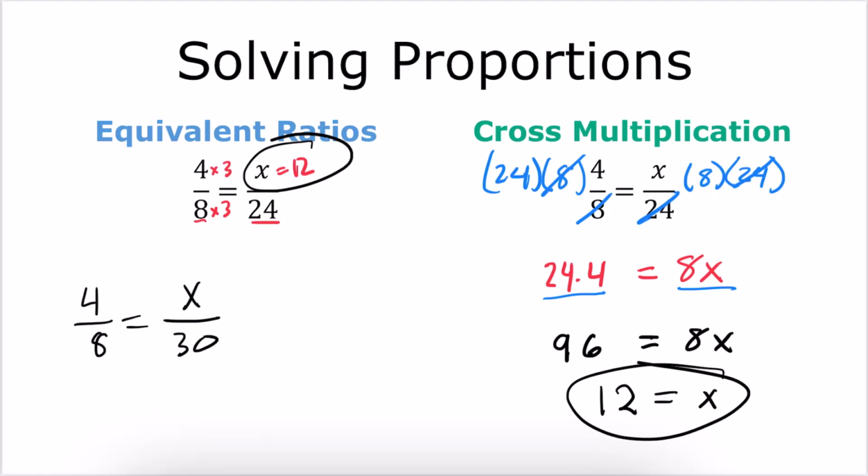In that case, 30 is not a multiple of 8, so it may not be easy to figure out what we need to multiply 8 by, because it would be a fraction or a decimal. In a case like this, it might be easier to do cross multiplication and say, 30 times 4 gives me 120, 8 times x gives me 8x, and then just figure out what 120 divided by 8 is. That may be easier in this situation.